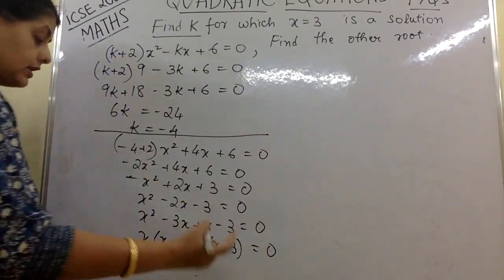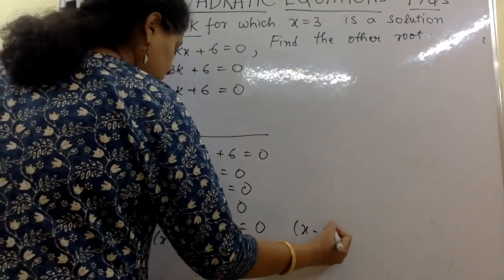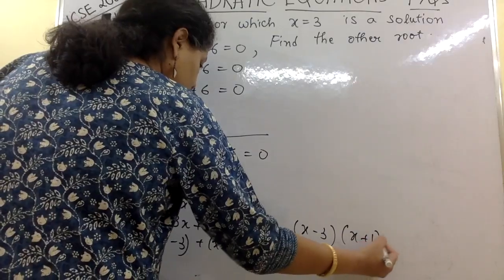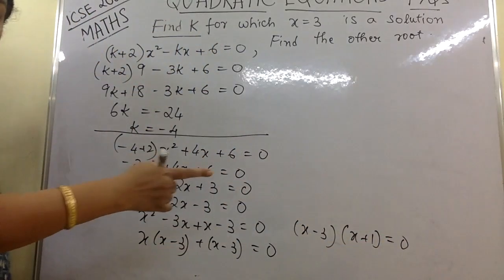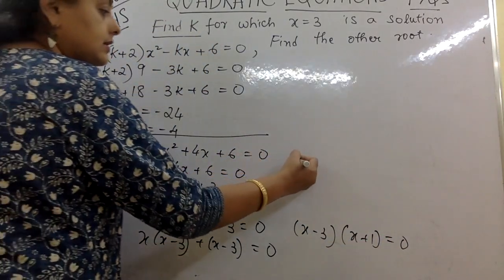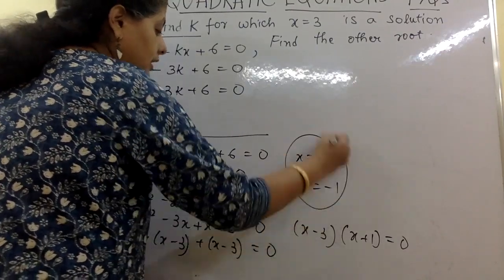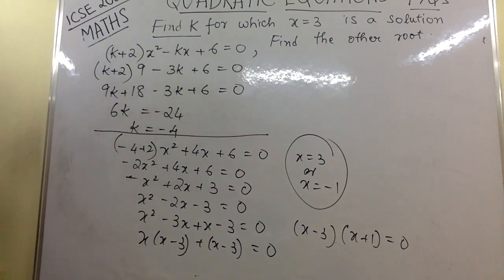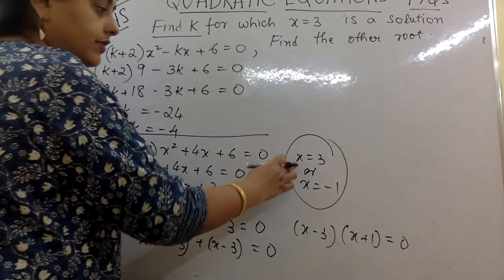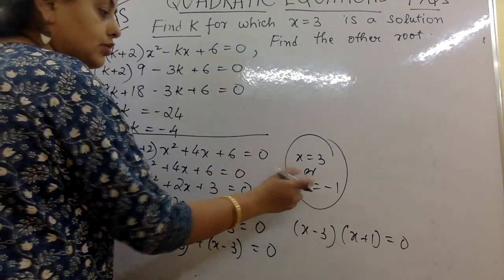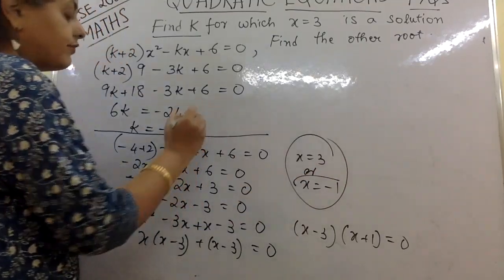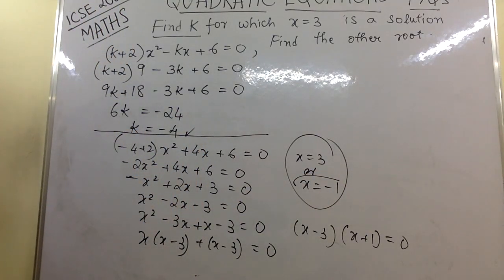So what we get now is (x minus 3)(x plus 1) is equal to 0. What are the values of x then? x is equal to 3 or x is equal to minus 1. So the other value of x that they wanted, because this they had already given, is this. So you will be marked for this and you will be marked for the value of k.